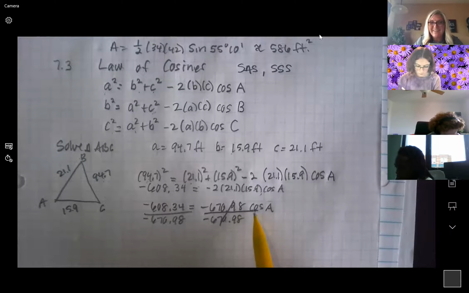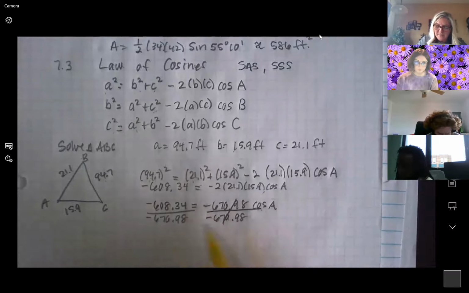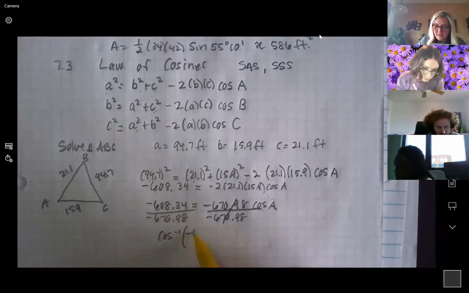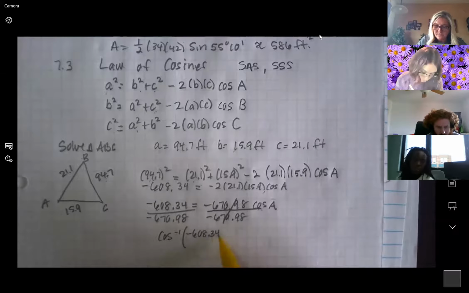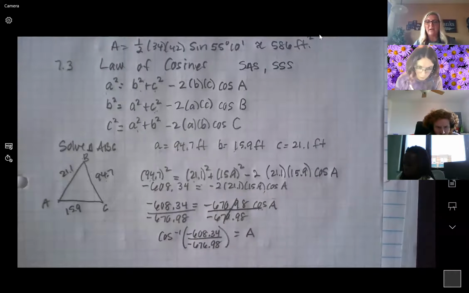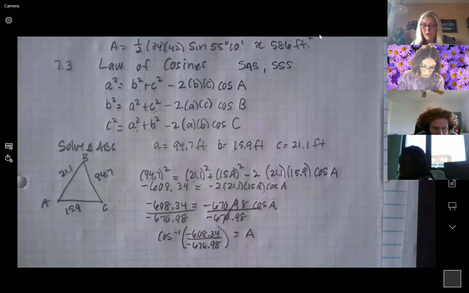Yes, you're going to use the inverse cosine of whatever this is. That's going to give you angle A. Work that out and tell me what you get, rounded to a whole degree.